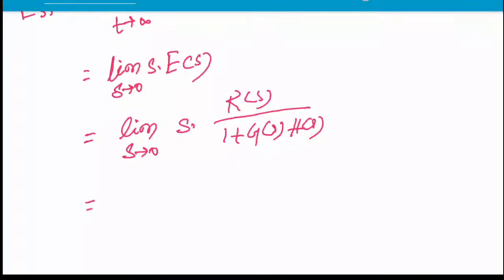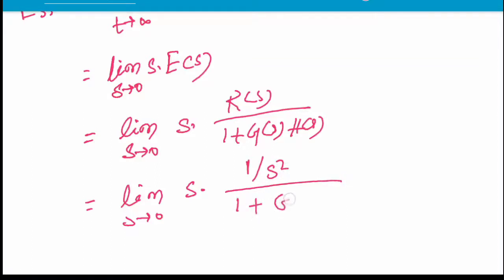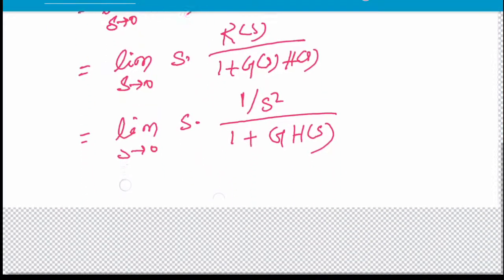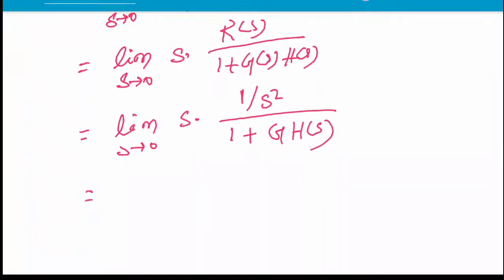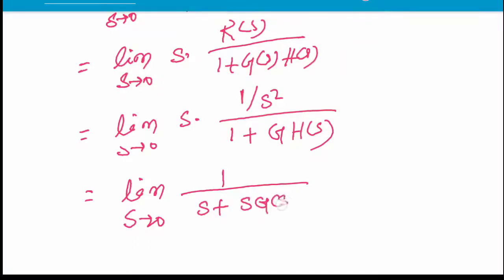and this will be limit s tends to 0 s into, and R(s) is given that this is ramp input, that is 1 by s square, by 1 plus G(s)H(s). I am writing it as GH(s), and this will be limit s tends to 0, one s here is cancelled out and the rest s is multiplied here, s plus s into G(s)H(s).